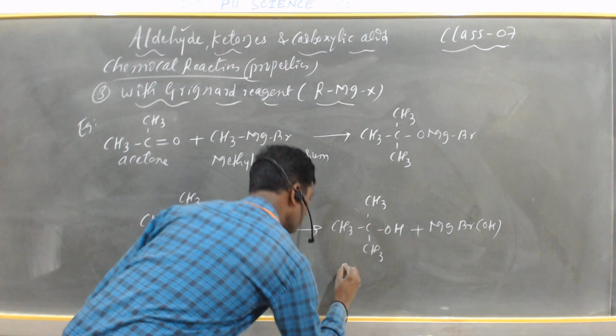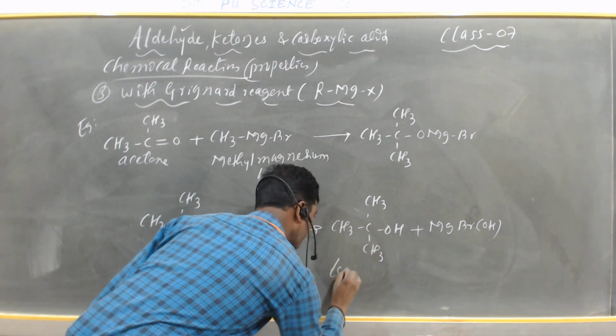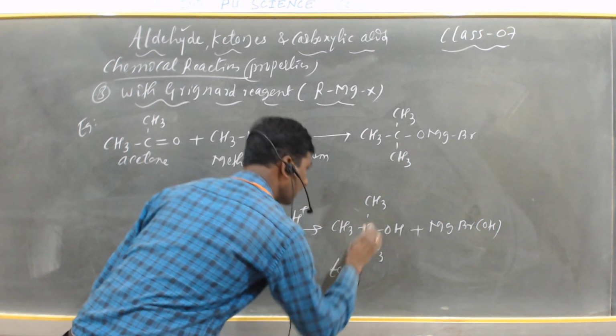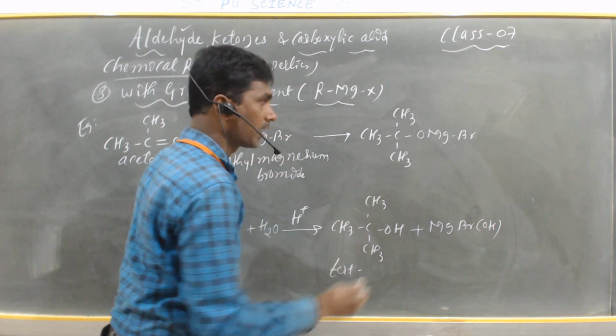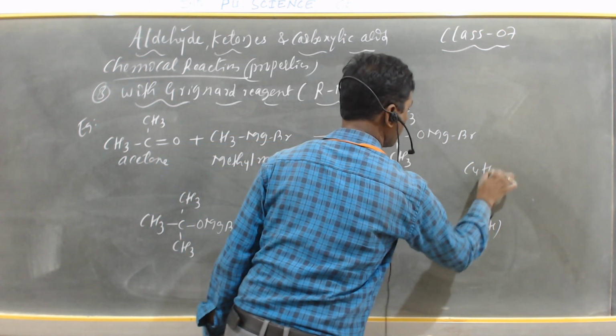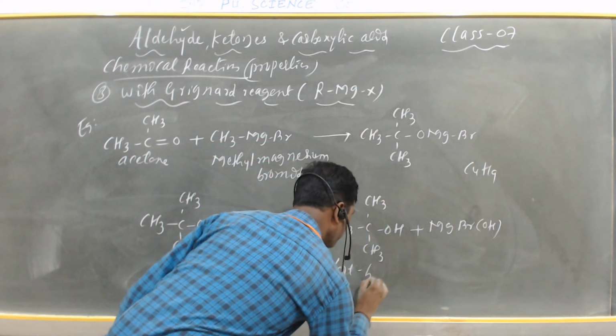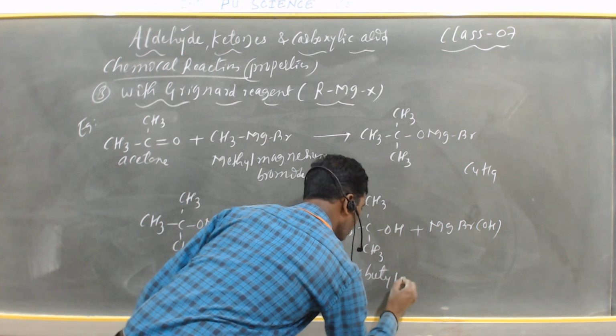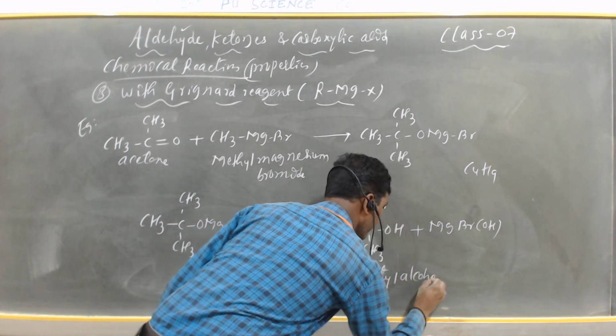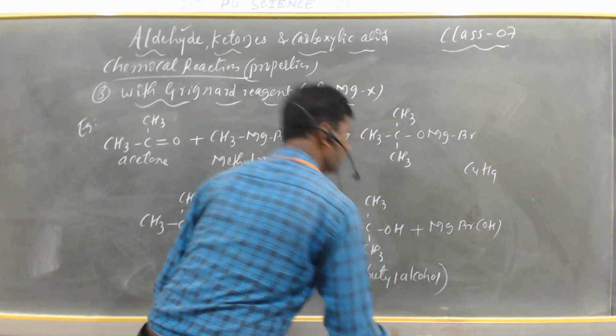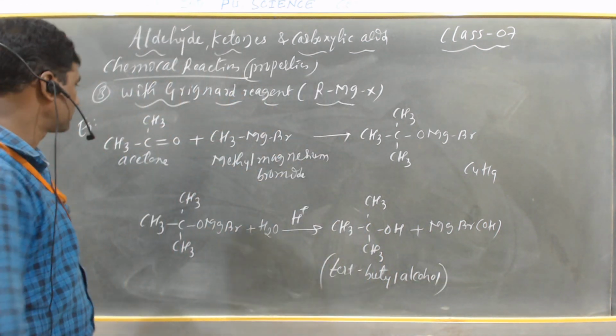What is the name of this? It is tertiary. How many carbons? One, two, three, four. Four carbons and nine hydrogens is called butyl. OH is called alcohol. It is tertiary butyl alcohol.